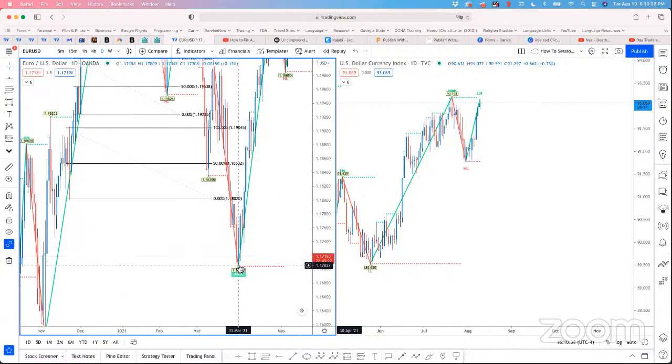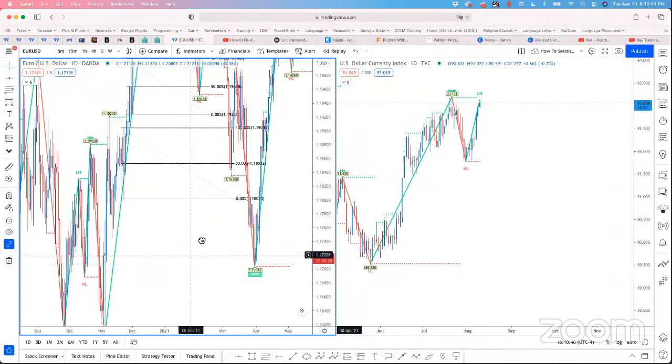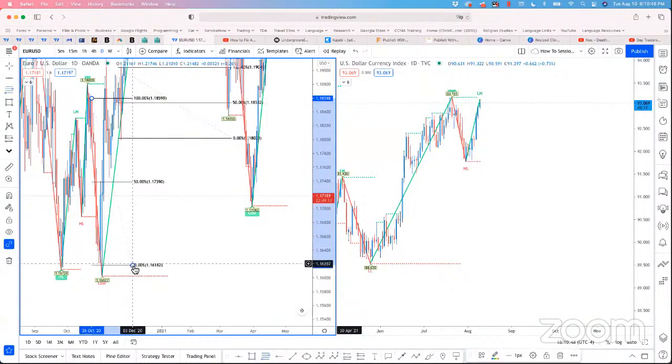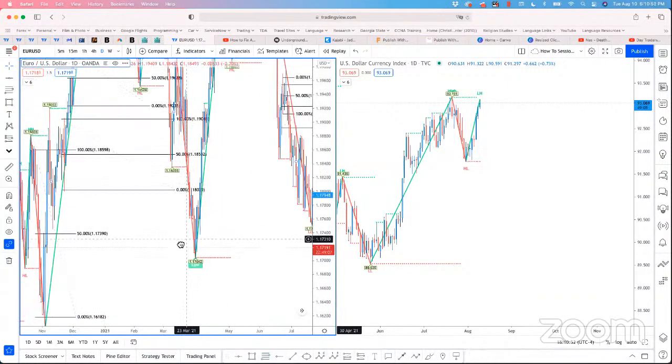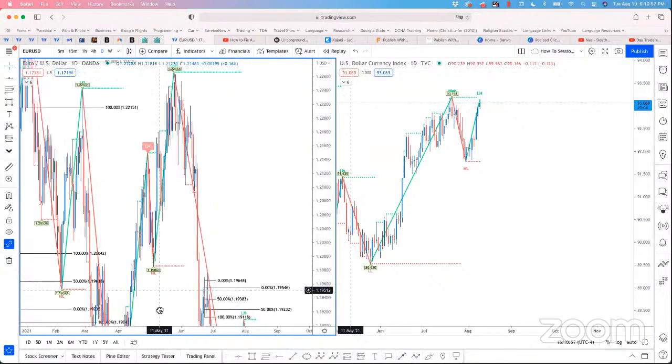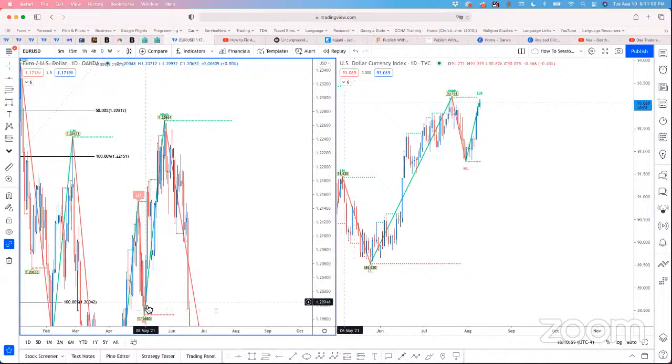This bounce right here, look left. This huge one, right here to here. It hit 50% of this, and there's this move all the way back up here. Where did this one come all the way back up to?